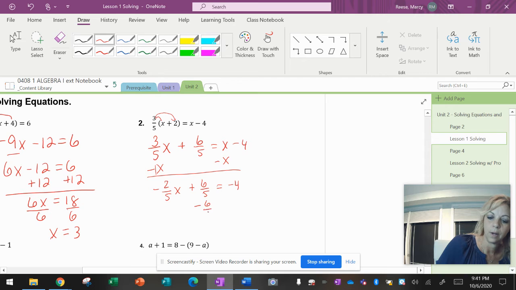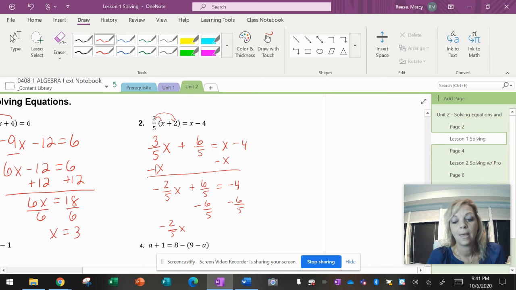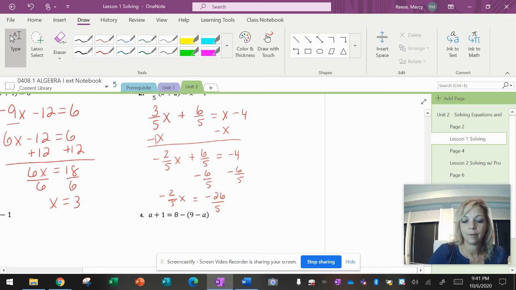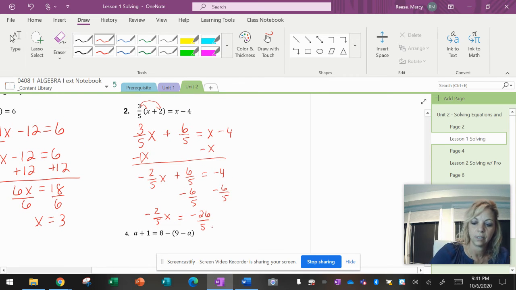Okay, when I bring the 6/5 to the other side, by subtracting, because it's a positive 6/5, I'm going to minus it. I get -4 minus 6/5, again in your calculator, and I got -26/5, okay?